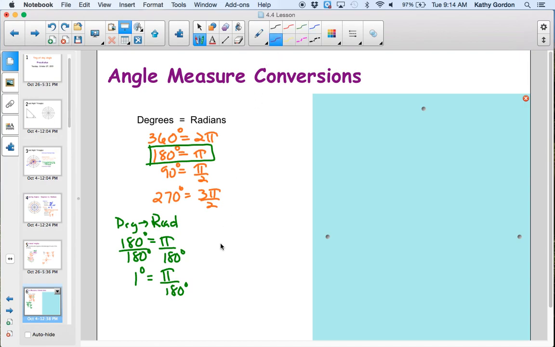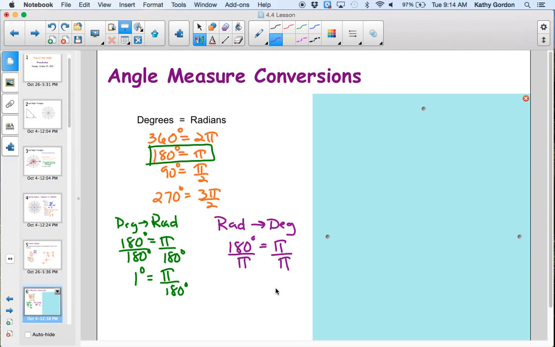Vice versa, if I'm trying to go from radians to degrees, then that means that I started probably with something that had a pi in it, and I now need to change that into degrees. So now I'm going to divide the other way.